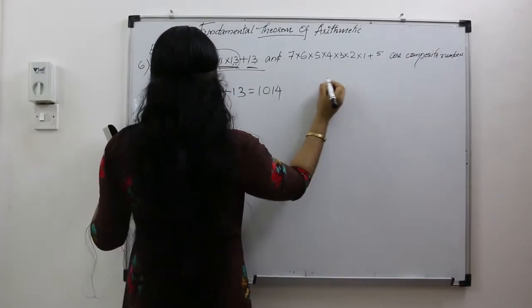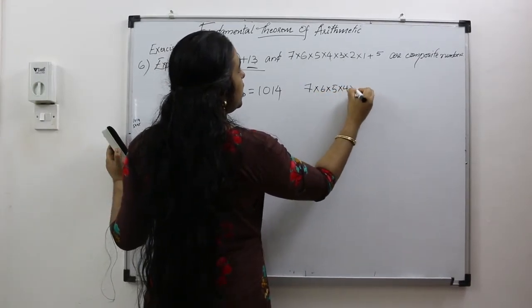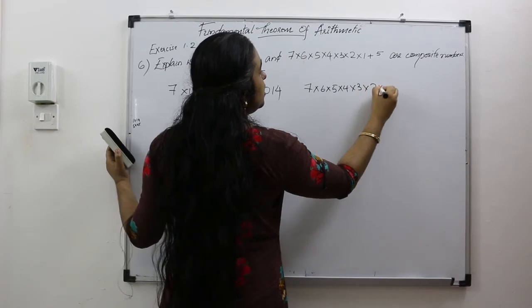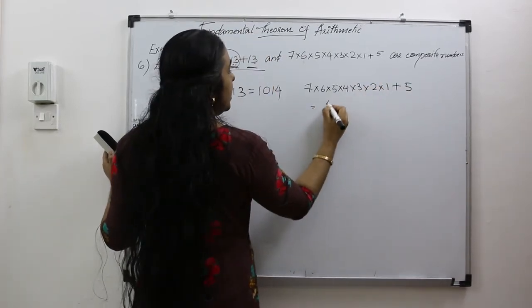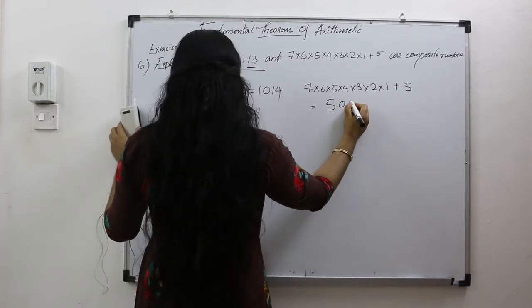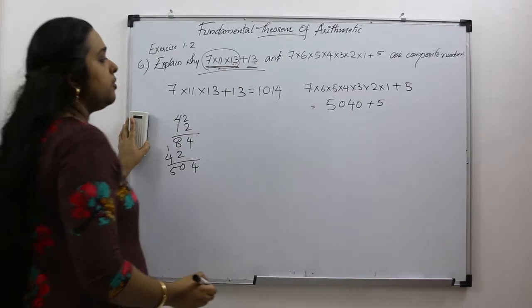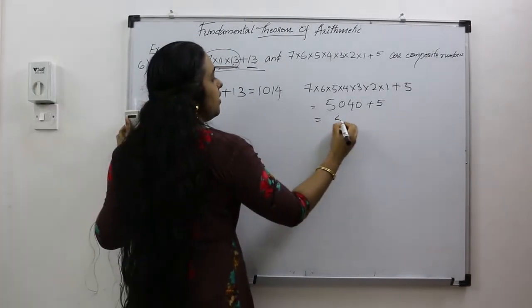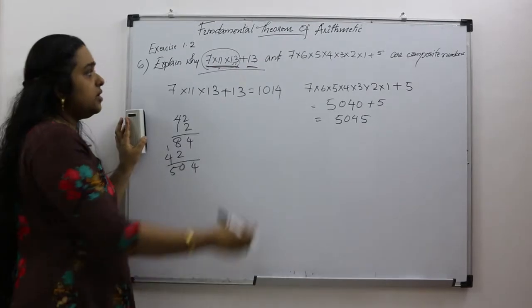So 7 into 6 into 5 into 4 into 3 into 2 into 1 plus 5 is 5040 plus 5, which is 5045. So we have simplified the question now.